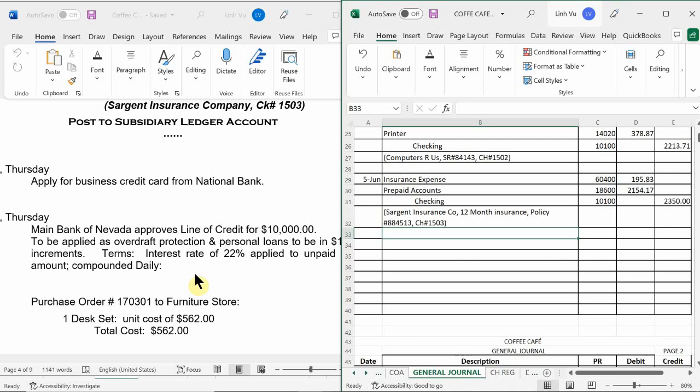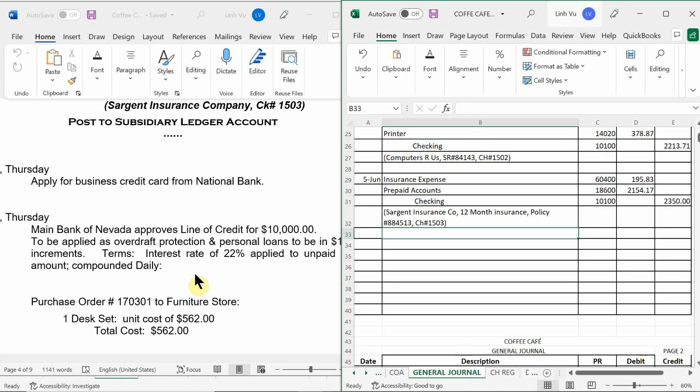Okay, so in chapter 4, under adequate disclosure, they tell you that any pertinent information about a transaction, you need to post it or create a note to the financial statements. Now, in this case, I'm going to tell you this. With the time span that we have, I am not going to ask you to create a financial report.